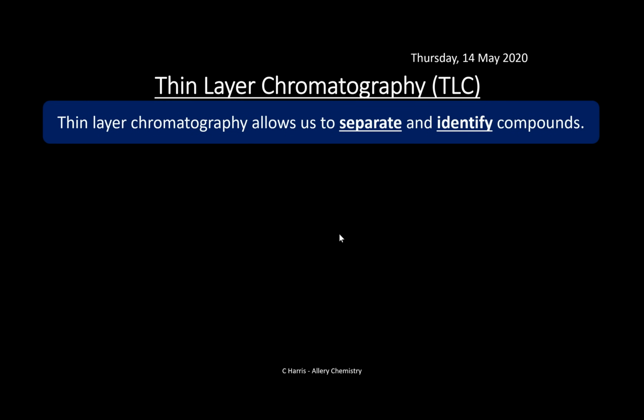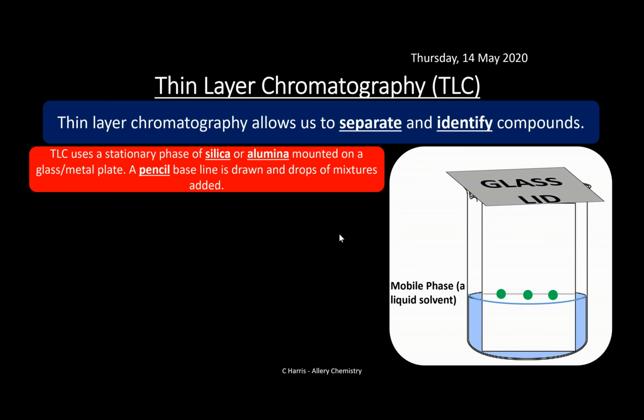So thin layer chromatography allows us to separate and identify compounds. So it's quite useful. Thin layer chromatography uses a stationary phase of silica or alumina mounted on a glass or metal plate, and a pencil line is drawn, and drops of mixture are added.